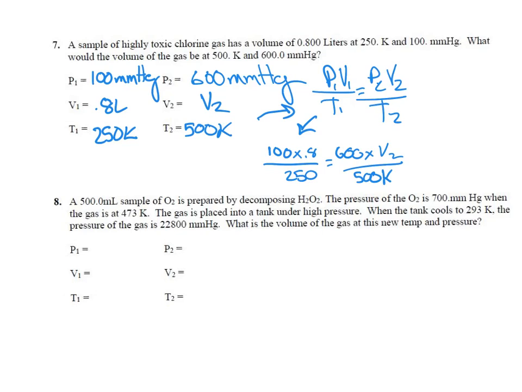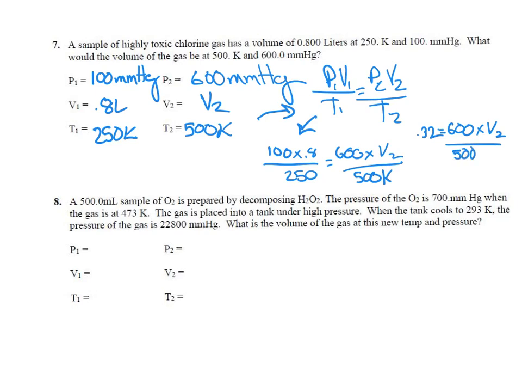on the left side of the equation, we know we just have some numbers. So I'm going to just multiply and divide those numbers. 100 times 0.8 divided by 250. And that gets us 0.32. And that still equals 600 times V2 over 500.